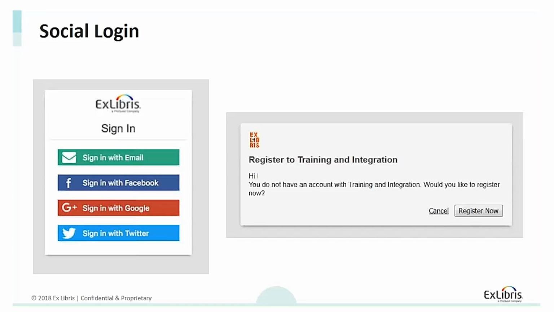And then in order to allow users this feature, you can actually use the Alma interface to send out an invitation email, either to an individual user or to a set of users that you can define. And that invitation email will say something to the effect of, we've decided to allow your user to log in with a social network.